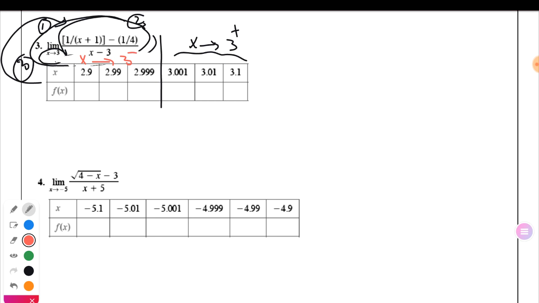The value of the function f(x) must approach the same value as x approaches from the left or from the right. Here I have to replace in this function to find what? The value. And approximate these values to which value.